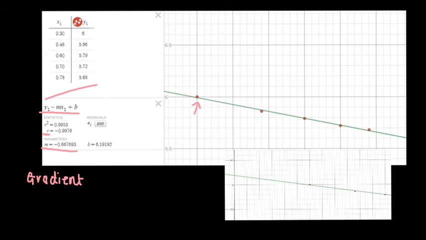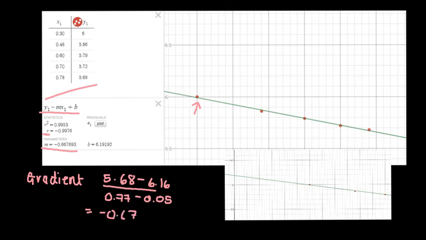So using the textbook and obviously zooming into Desmos to check this, I know that 5.68 matches up with 0.77 on the x-axis, and that 6.16 matches up with 0.05. So I'll use those two values, they both sit on my regression line, to calculate a gradient here of minus 0.67. So that works to 2 decimal places from what Desmos has calculated as the gradient of the regression line.